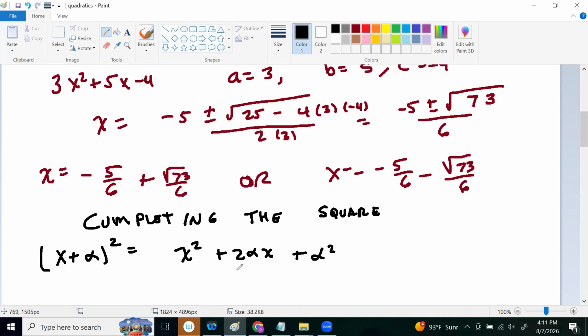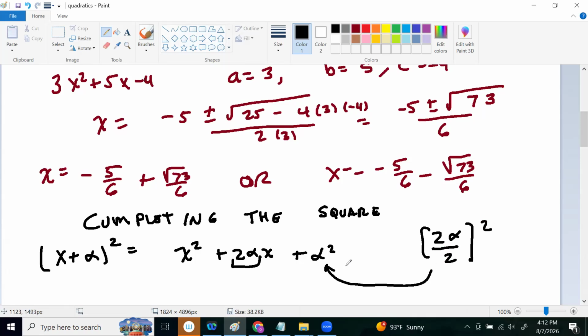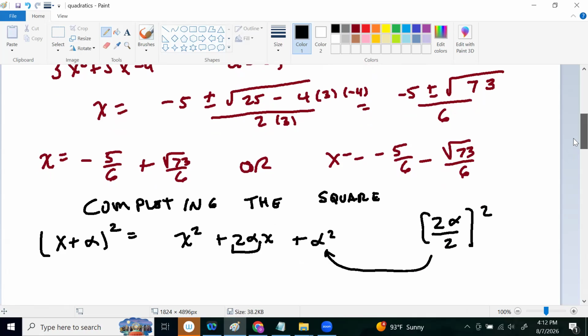And what we notice right here is if you take 2 alpha, and you divide that by 2, and then you square it, you're going to get this exactly. So let's use that same principle here. We have 3x squared plus 5x minus 4 equals 0. Let's divide by 3.